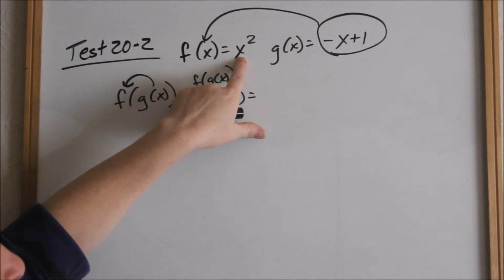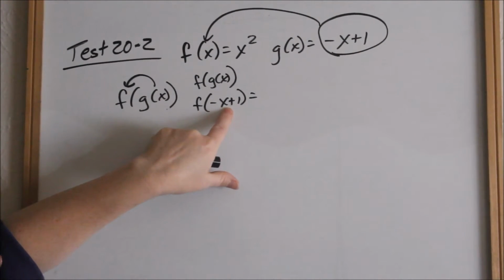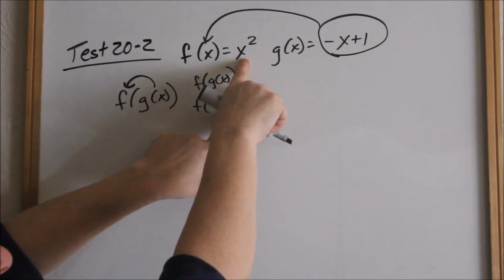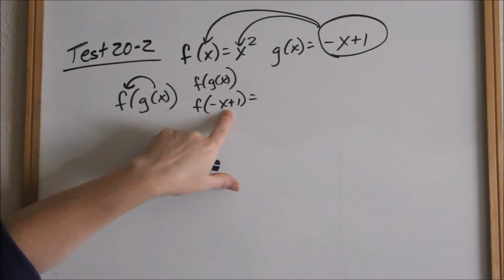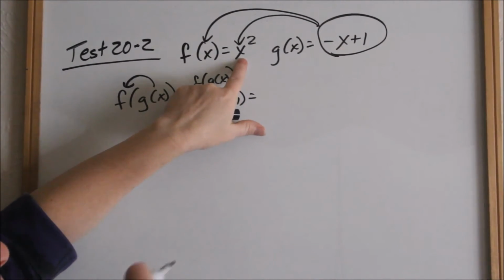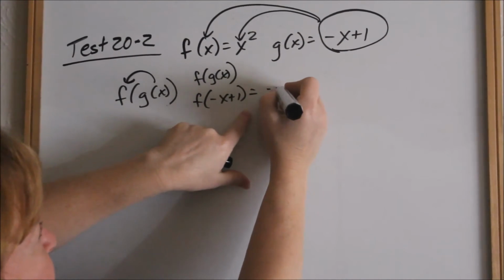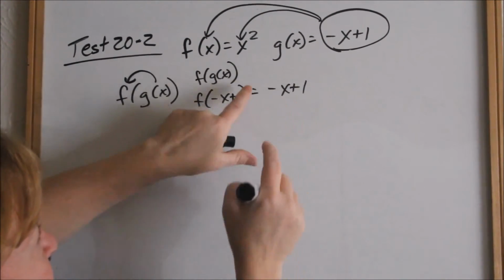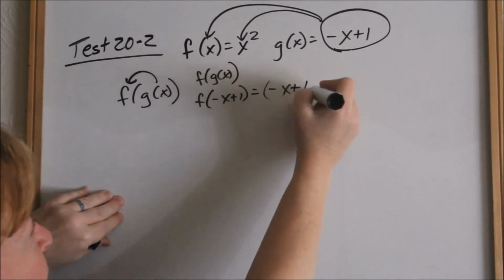So everywhere I see an x in my function, I'm substituting in this. I put that in for x, but I have to raise it to the second power.